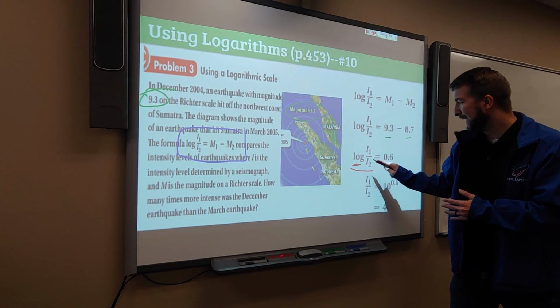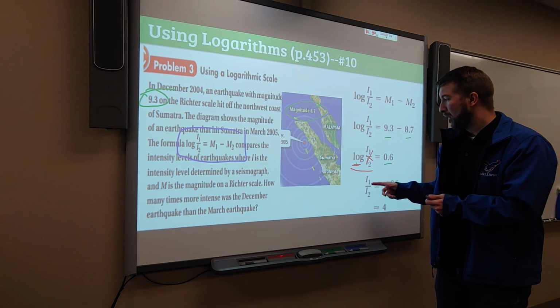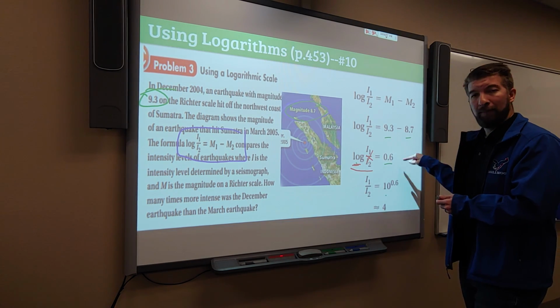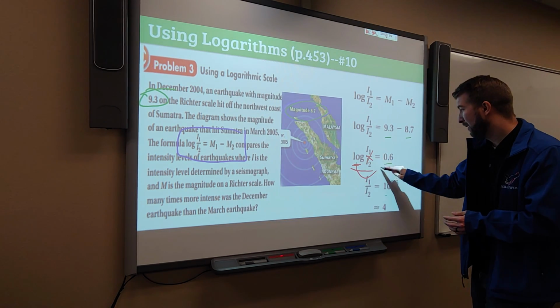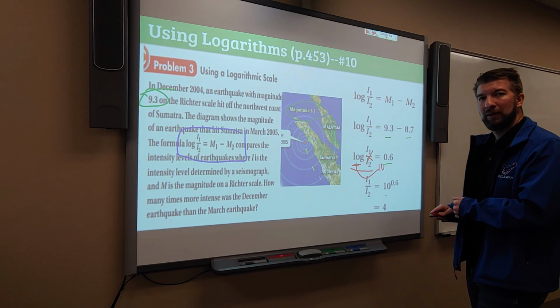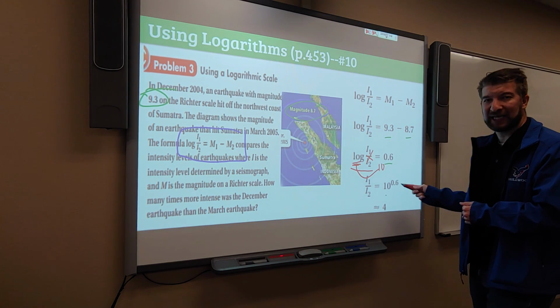When you have the log and then either an x or some other variable, when you move it to the other side, this becomes a 10, and that number becomes the exponent.